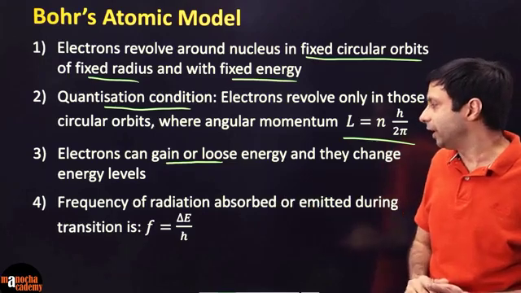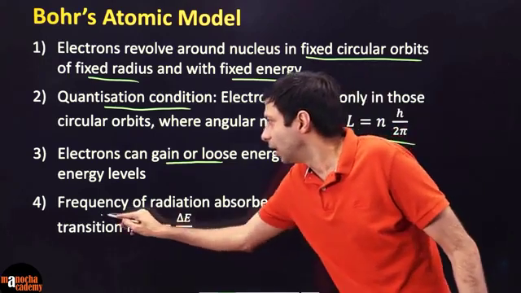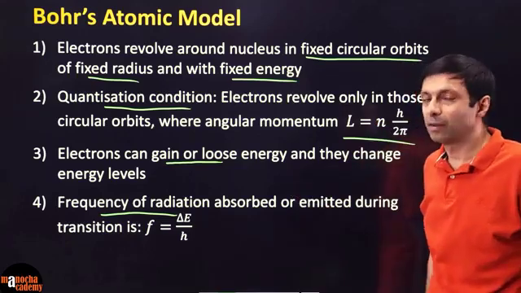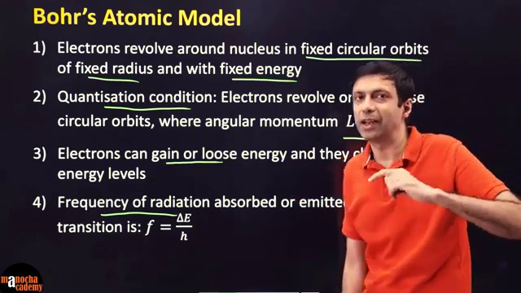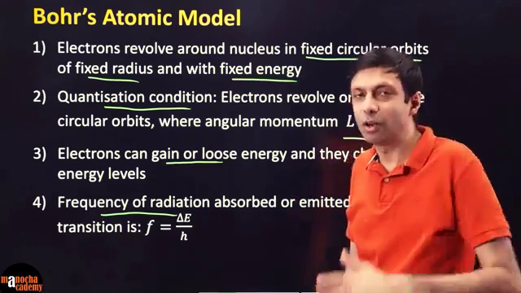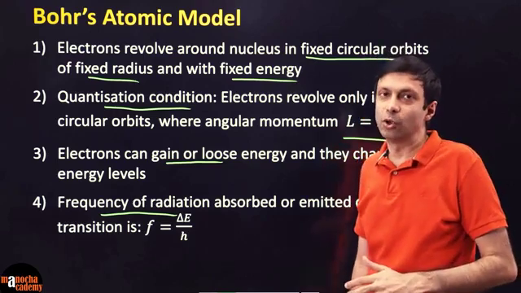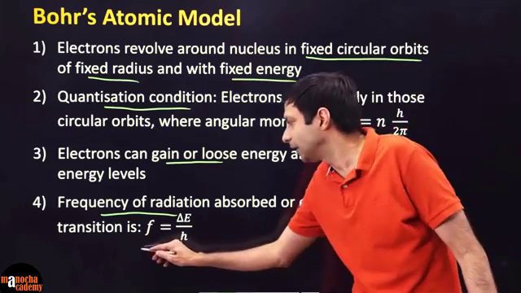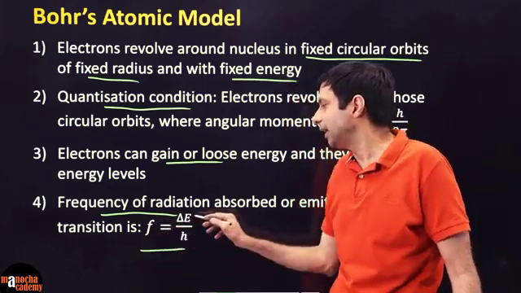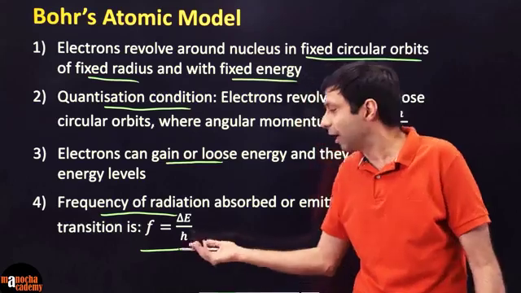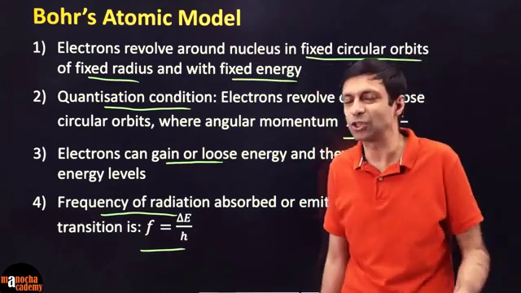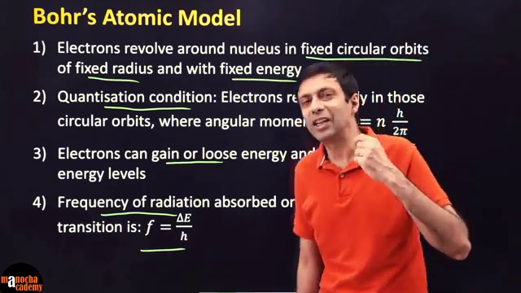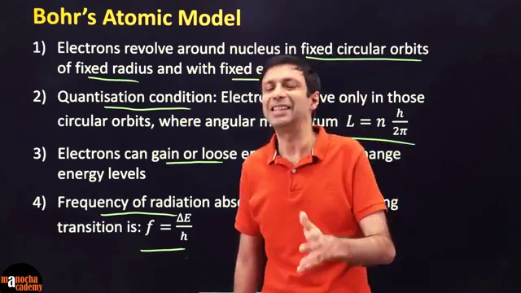When electrons are moving to a higher shell or coming down to a lower shell, the frequency of radiation absorbed or emitted is given by this formula: the frequency equals the change in energy divided by h, where h is Planck's constant. Let's look at each of these postulates one by one in detail.